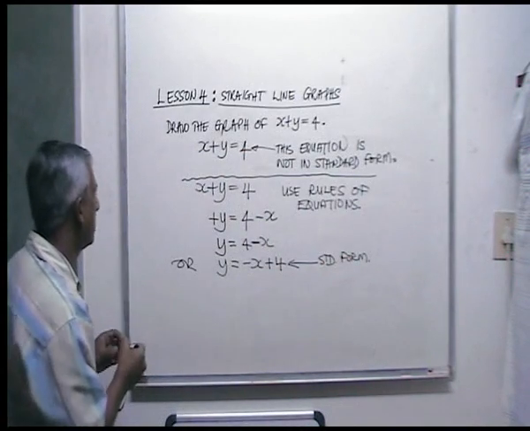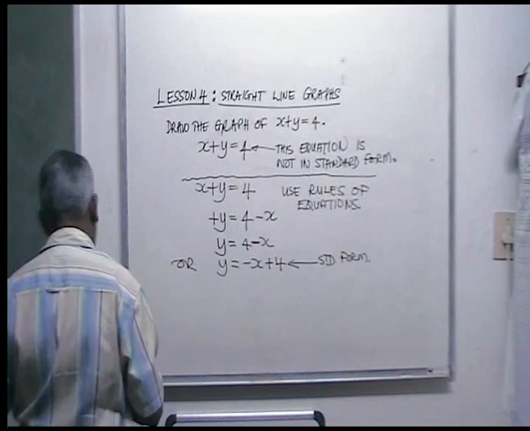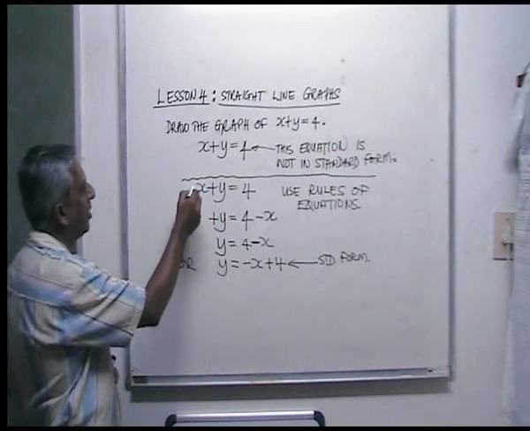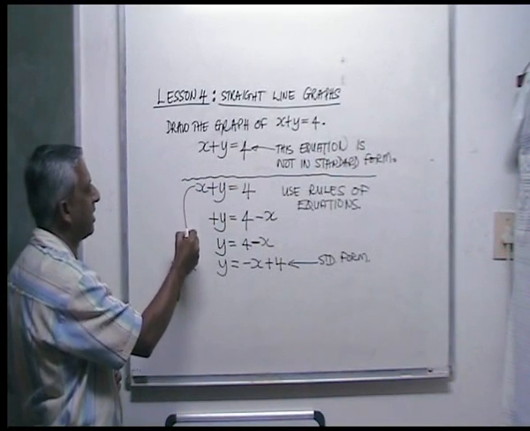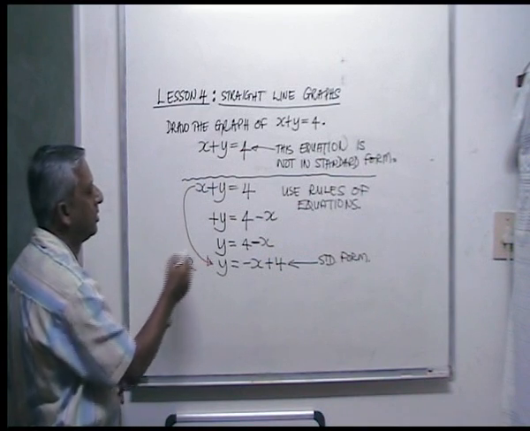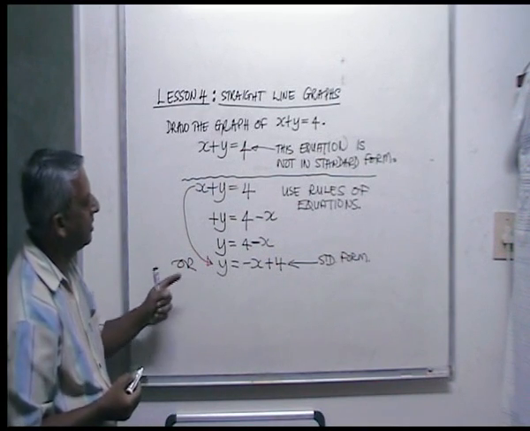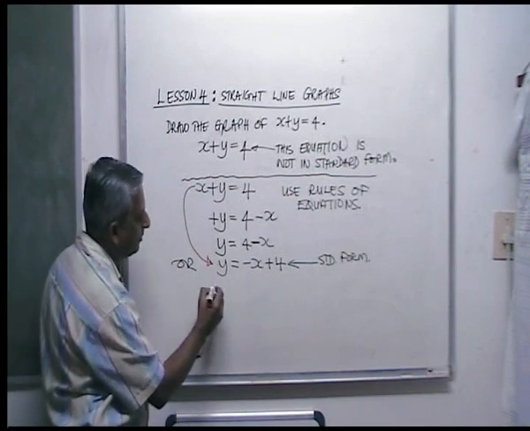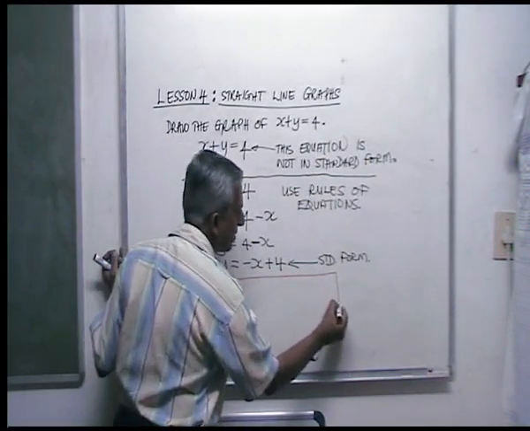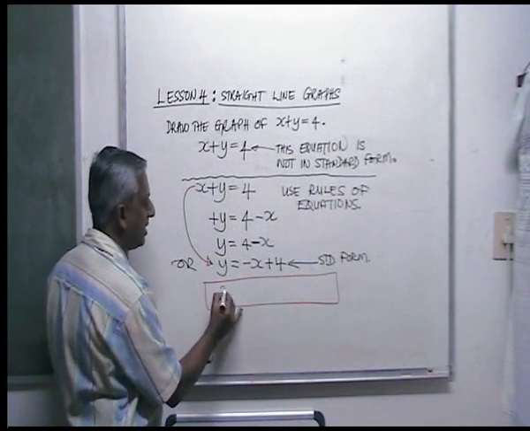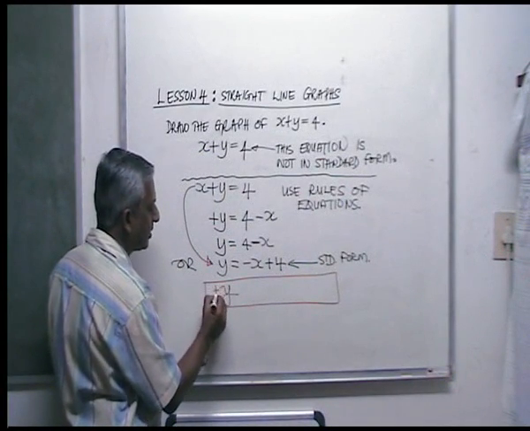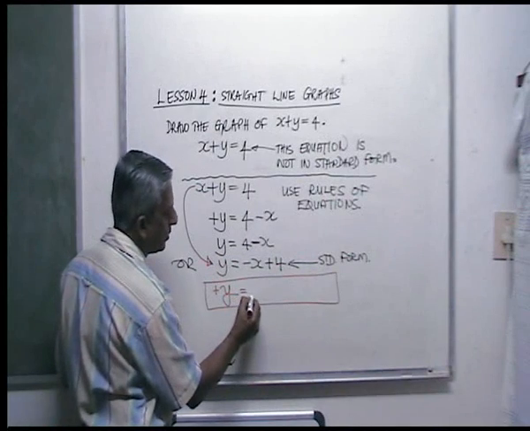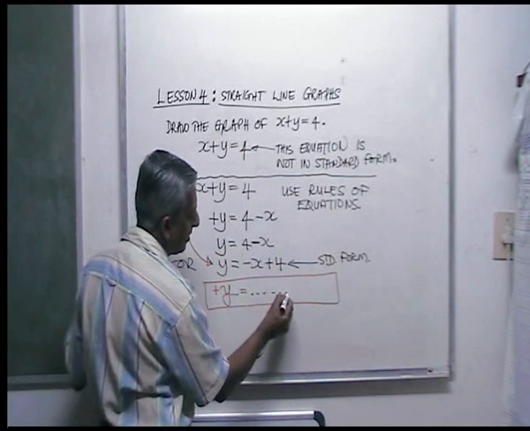So we have brought that equation, x plus y equals 4, which was not in standard form, into standard form. So what is the meaning of standard form? It means you must end up with plus y is equal to something, something, something.